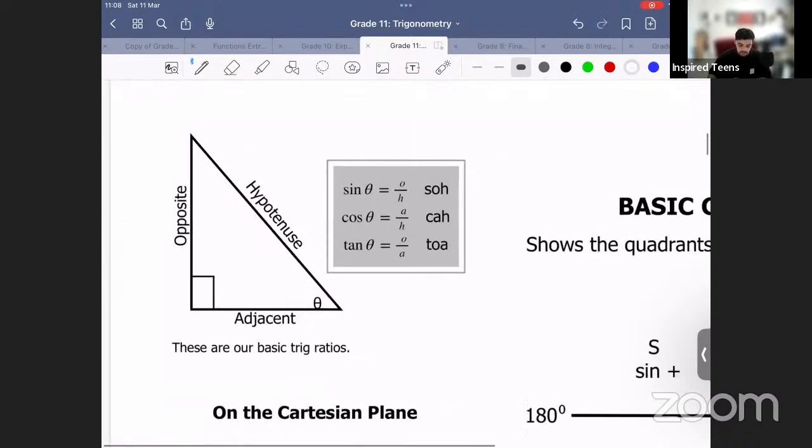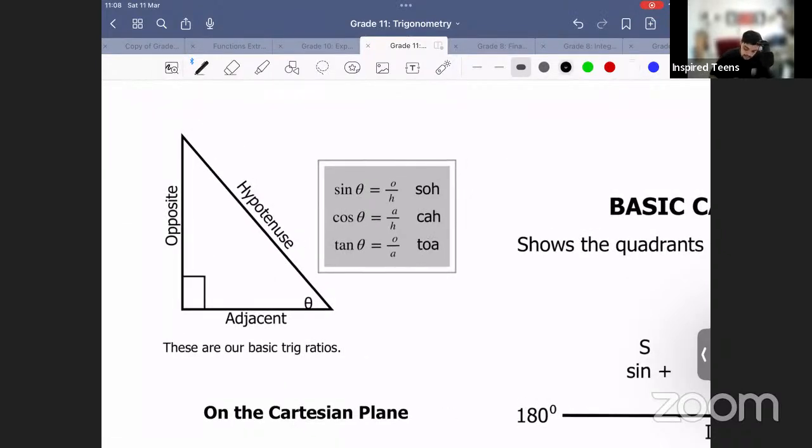Now, in a 90-degree triangle, at this point we're in grade 11, so I would hope that everybody knows what a 90-degree triangle is, has worked with Pythagoras' theorem before, and knows what the opposite, the hypotenuse, and the adjacent are. We'll go through it, of course.